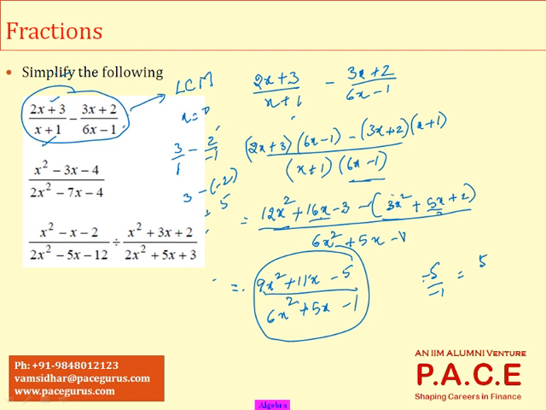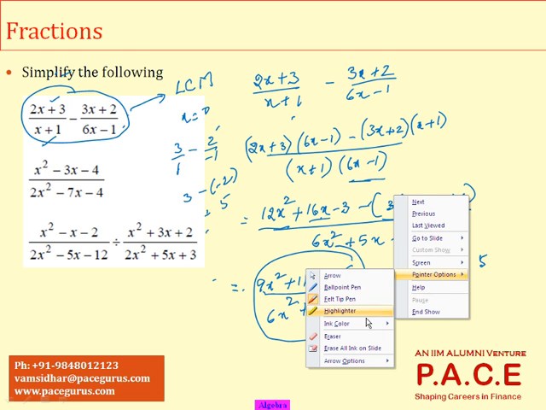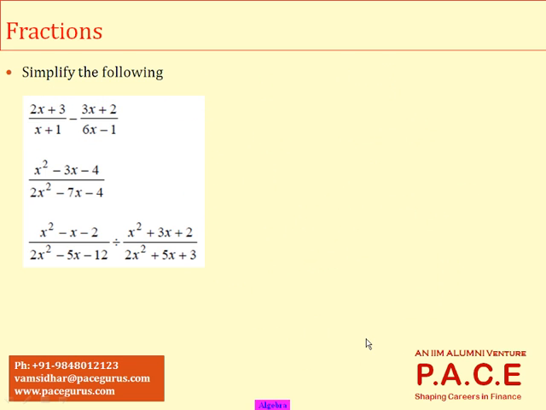All right. So this is one way you simplify the fractions. Now the second way, if you can split it into factors, let's look at the next numerical here: x squared minus 3x minus 4 divided by 2x squared minus 7x minus 4.